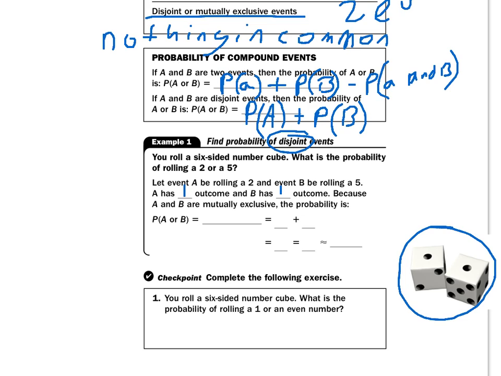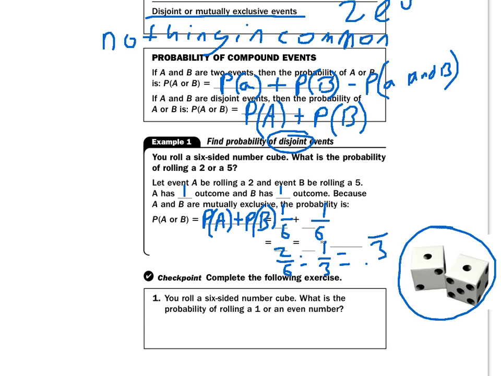We call them disjoint. They don't overlap. So it's just the probability of A plus the probability of B, which is 1/6 plus 1/6. If we add 1/6 plus 1/6, we get 2/6, which reduces to 1/3, or the probability becomes 0.3 repeating.